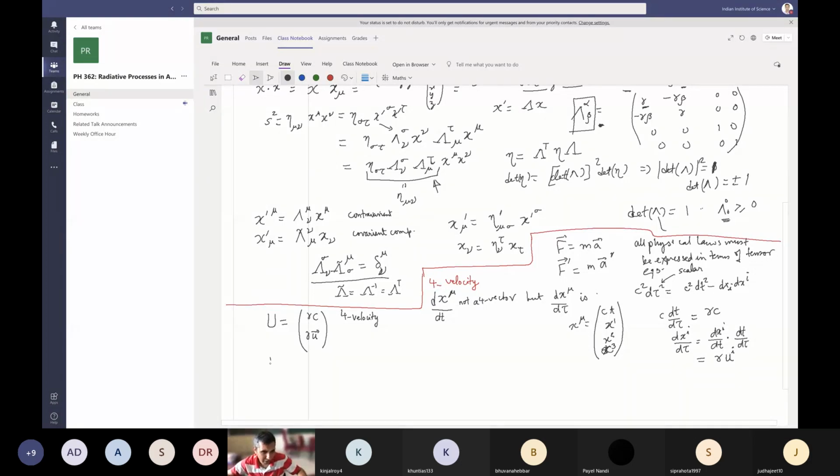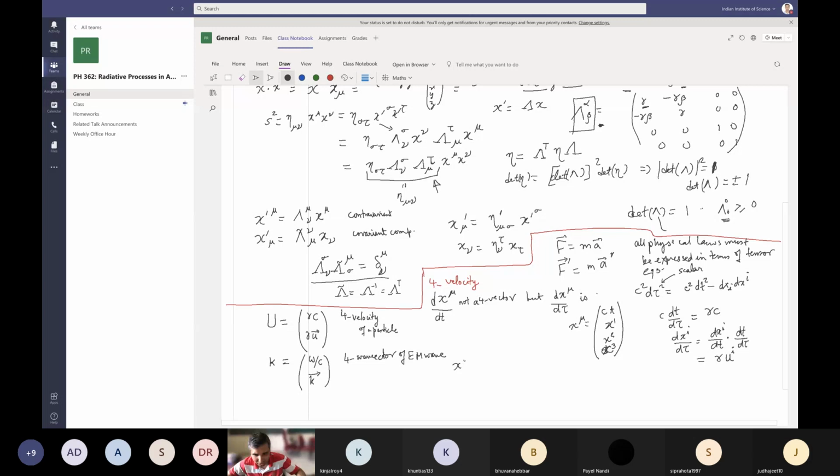Similarly, k, the wave vector, can be generalized into a 4 vector, where the 0th component is omega by c. This is the 4 wave vector of, say, an EM wave. So basically what it means is that it transforms as a 4 vector.